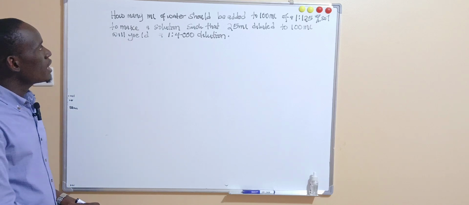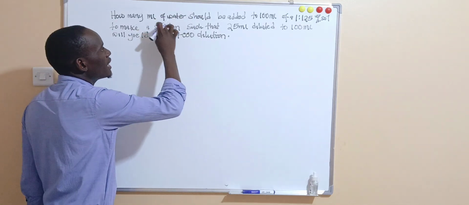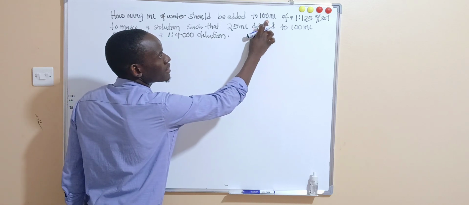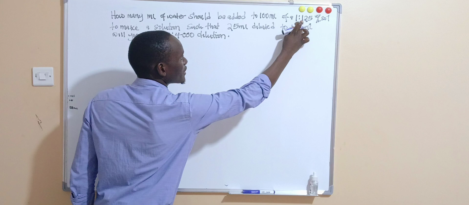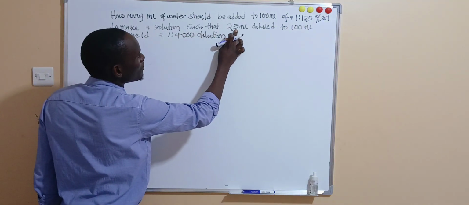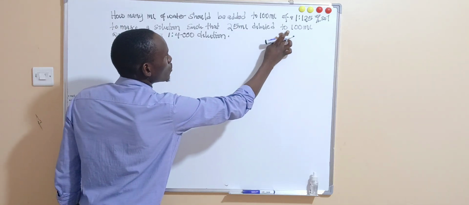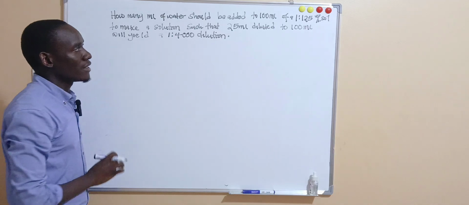So you want to determine how much water was added to this with this concentration such that the 25 mils diluted to 100 will yield this.